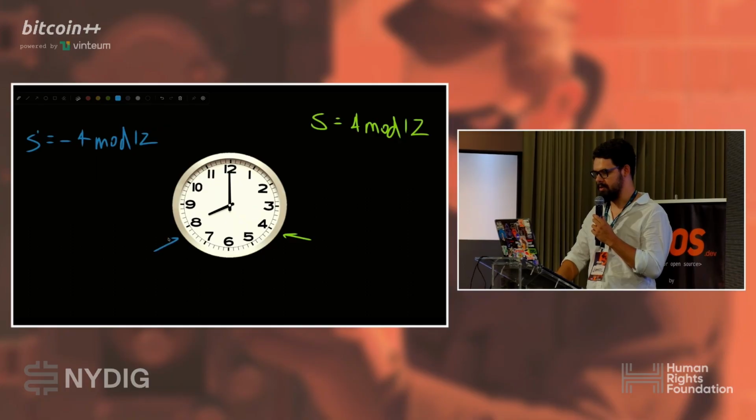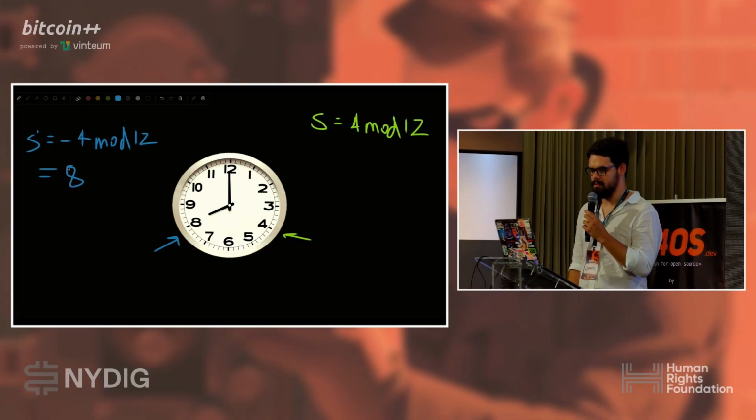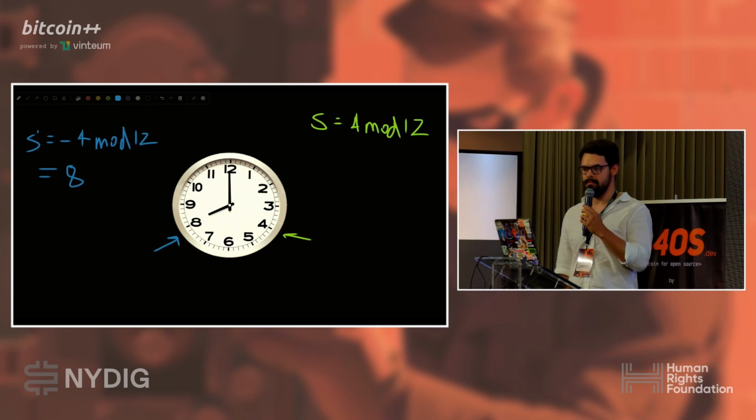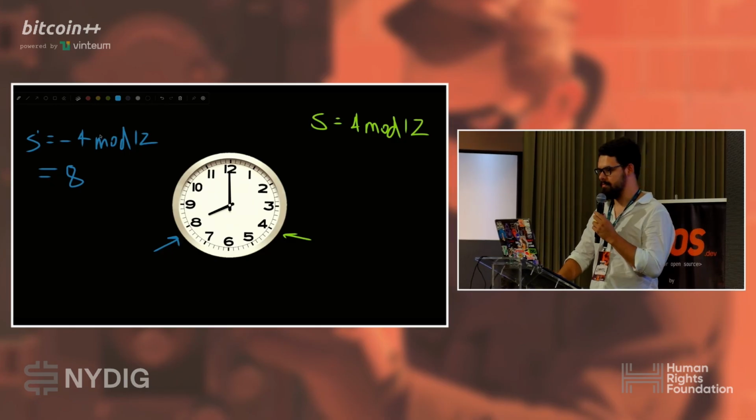So we end up with another value, so that S prime equals 8, and it's still a valid signature if we do the computation by verifying it.